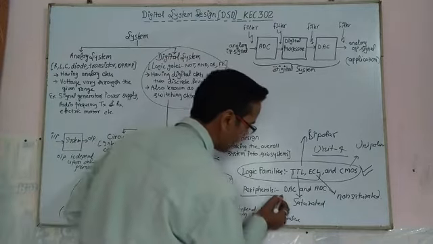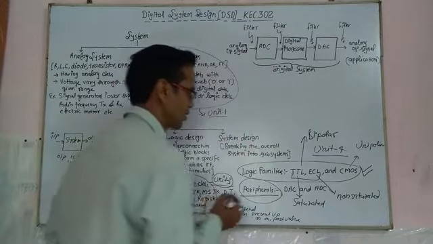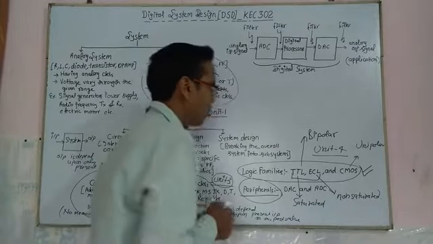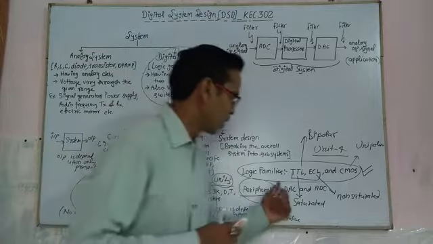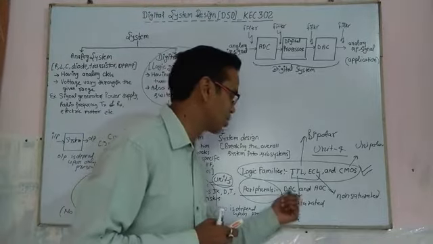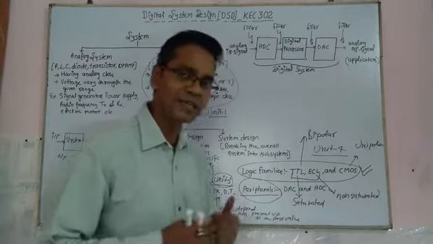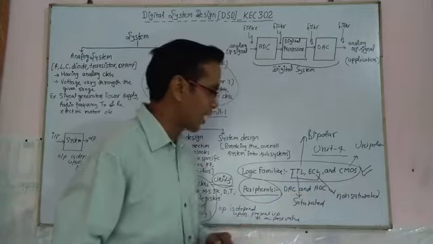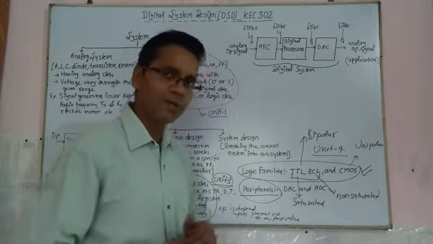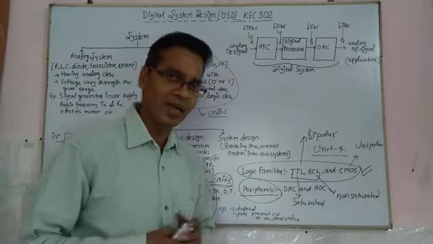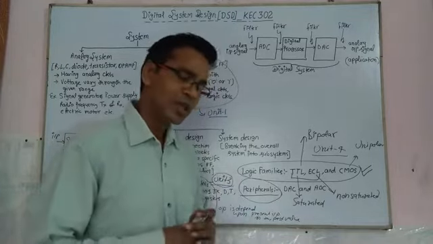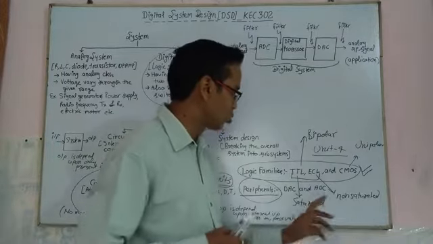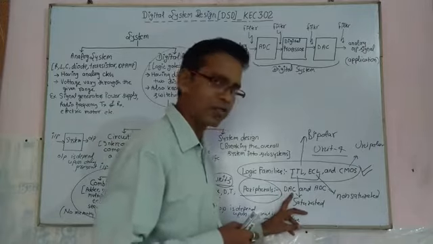In unit 5 you will study peripheral devices. Peripheral means how you convert a digital signal into an analog signal. You need a converter, that is a digital to analog converter. After a digital processor, you will get an output in digital form, and at that time you need to convert the digital signal into an analog signal.